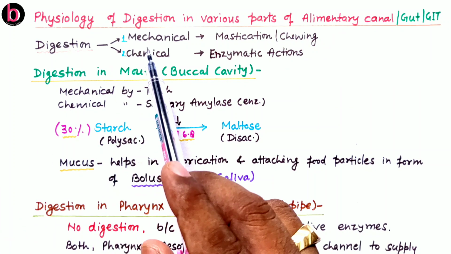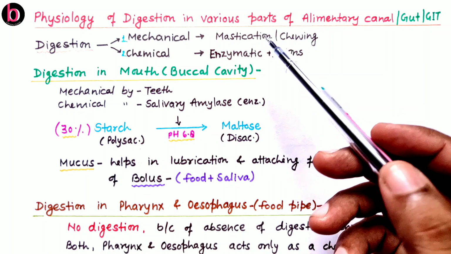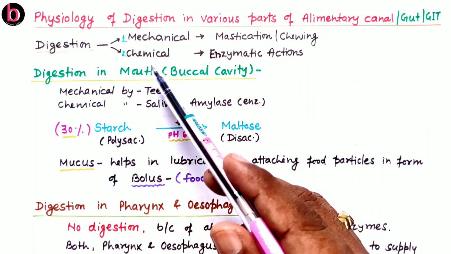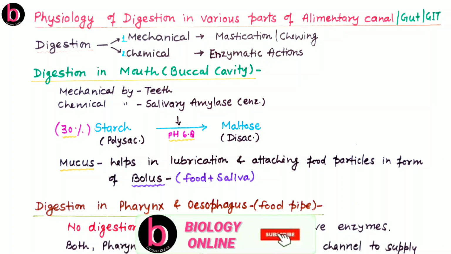Digestion may be of two types. Mechanical or physical digestion is with the help of teeth as well as muscles of our alimentary canal, that is by mastication or chewing. Second is chemical digestion, which occurs with the help of enzymes, also known as biocatalysts.